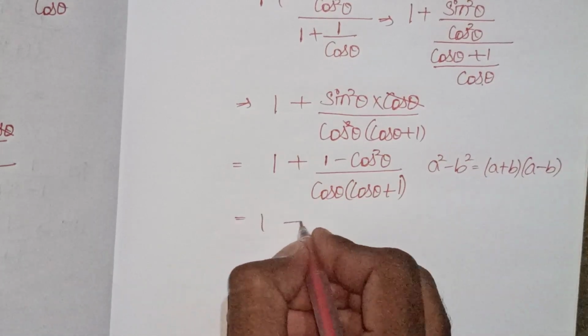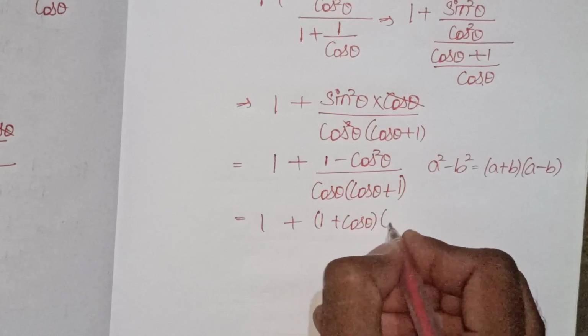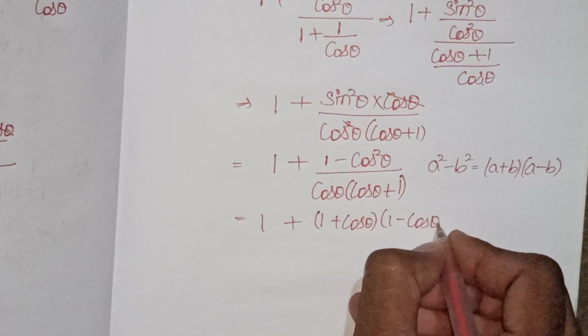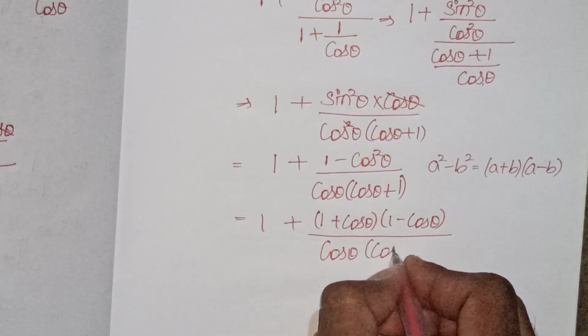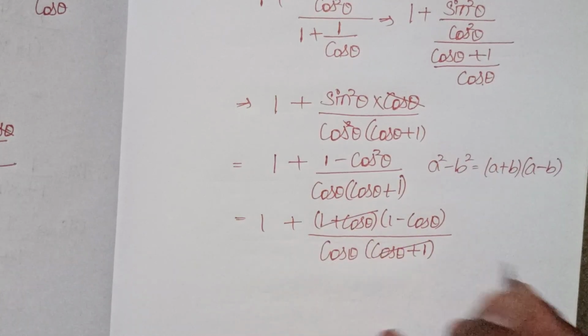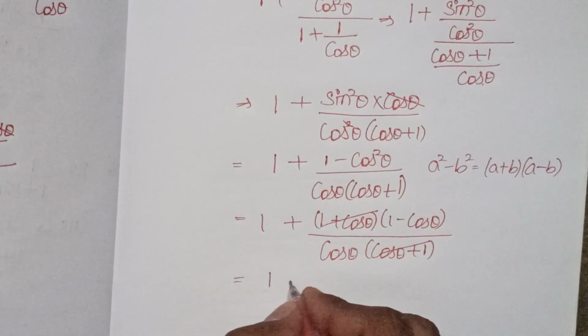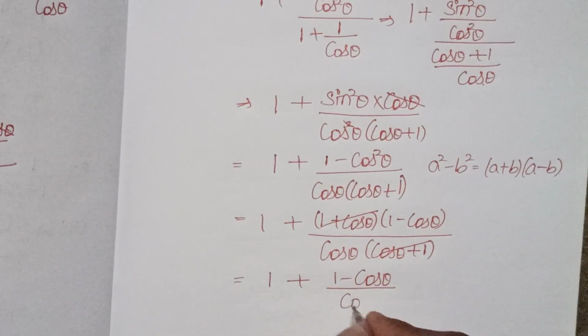Therefore, (1 + cosθ) into (1 − cosθ) divided by cosθ into (cosθ + 1). 1 + cosθ and cosθ + 1 will be cancelled. (1 − cosθ) divided by cosθ.